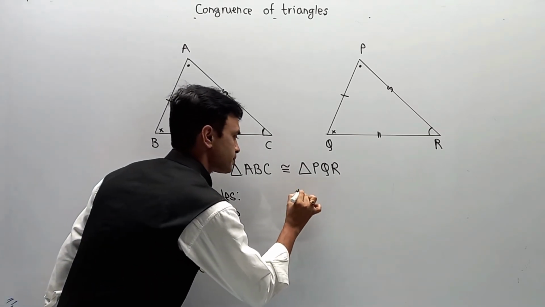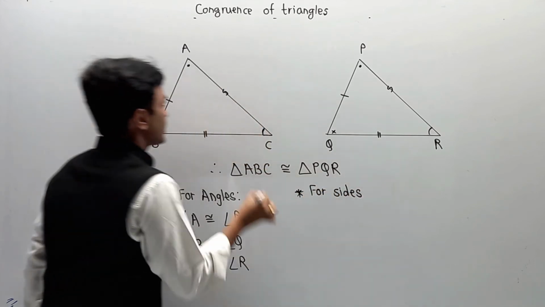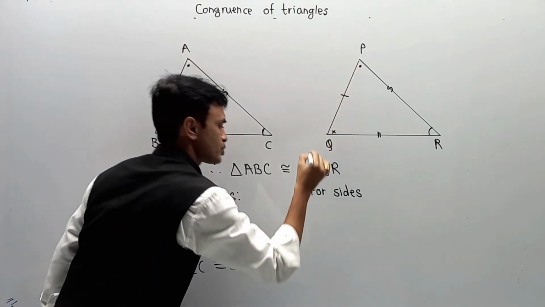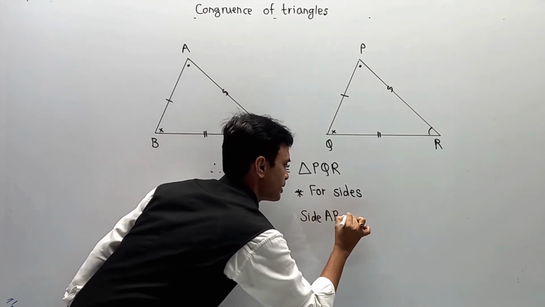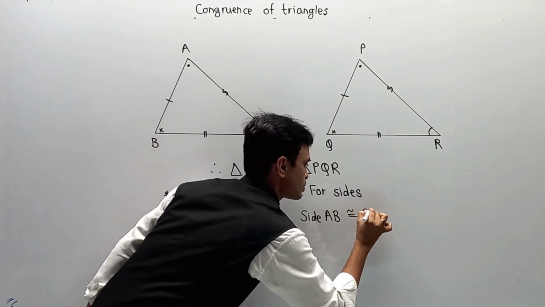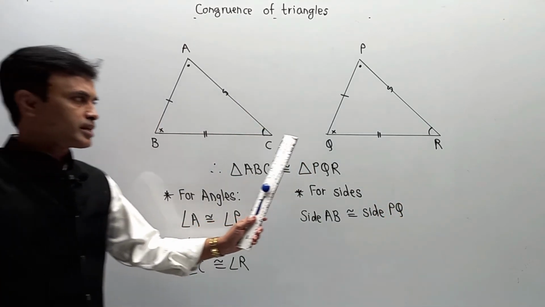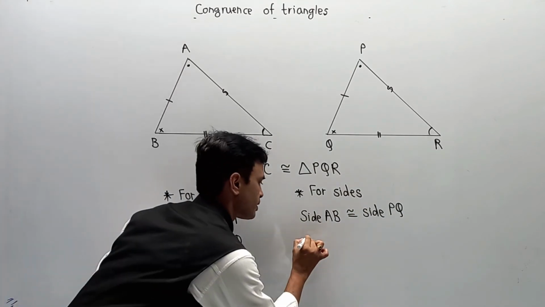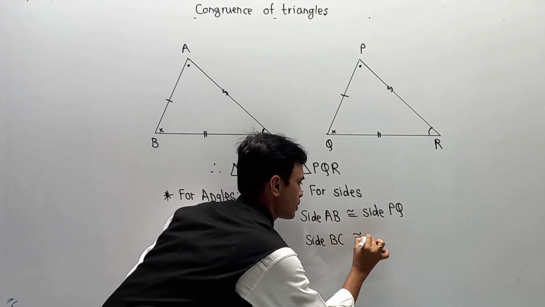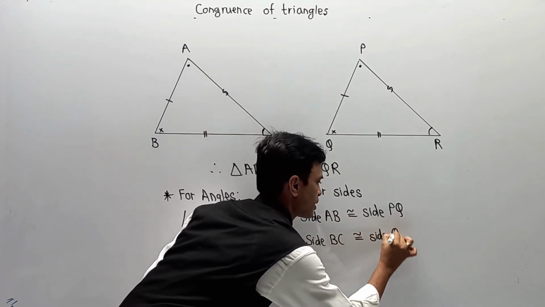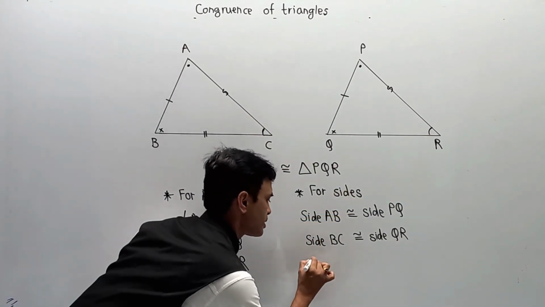So for sides, side AB is congruent to side PQ, side BC is congruent to side QR, and side AC is congruent to side PR.